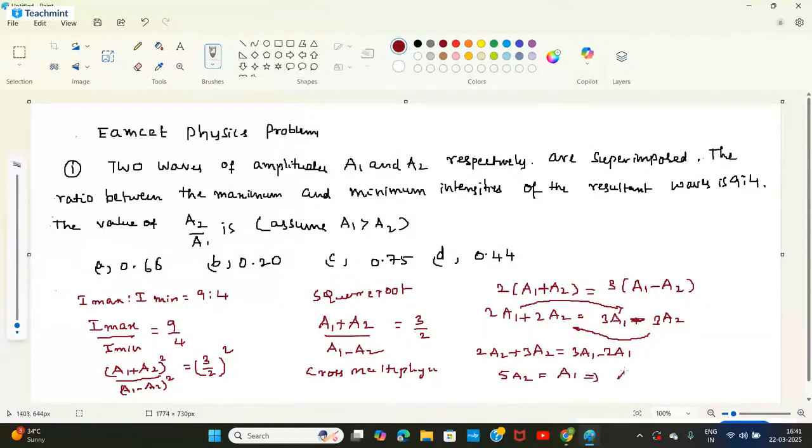Therefore, A2 by A1 is equal to 1 by 5, which is 0.2. That's why the answer is 0.20. Option B is correct.